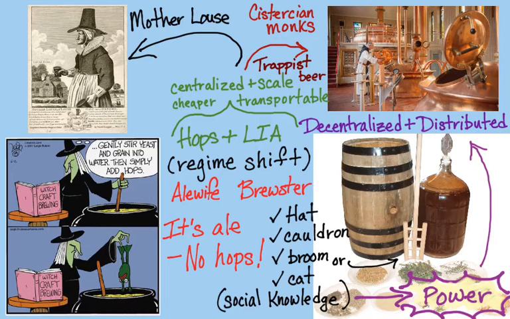This would be an alewife or a brewster, like specifically gendered titles, became known as witches, became known as disruptors of society, and there was a propaganda that is well documented in Europe, and we've got this Mother Louse image and the pointed hat, that's a part of an alewife or a brewster's garb going out into a town center.